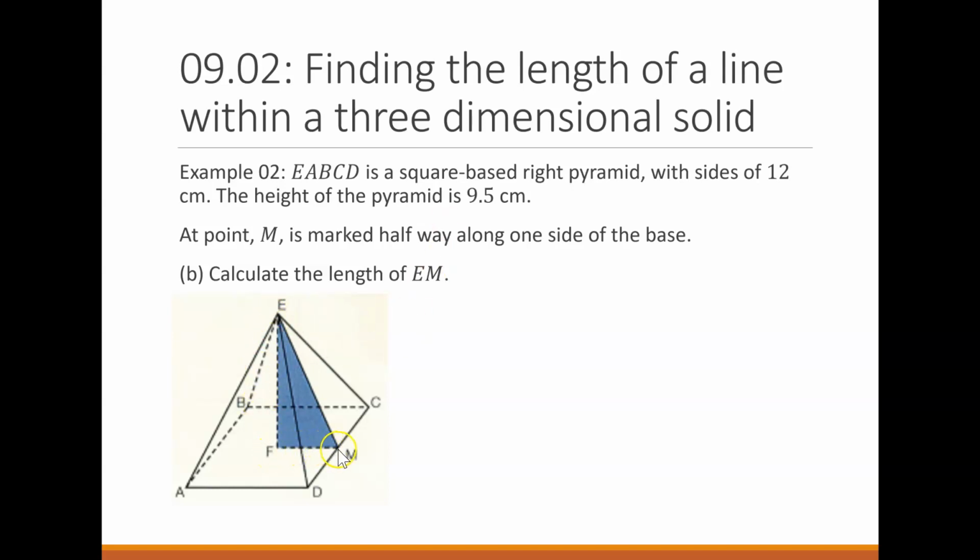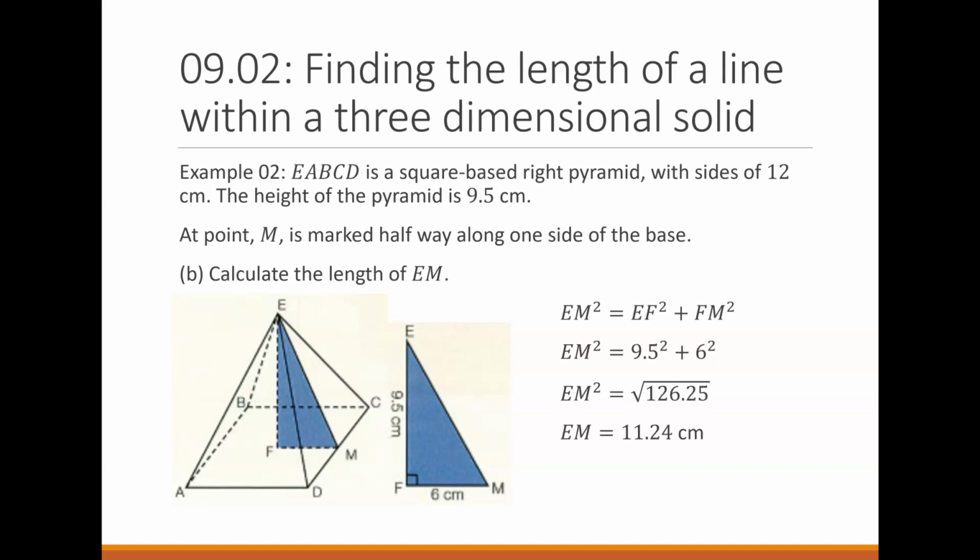Do I know what FM is? Yep, FM is 6. Again, if F is at the exact center, then the line from M to the midpoint on the other side through F is going to be 12 also. So you got it. And then we can just Pythagorean theorem it up.